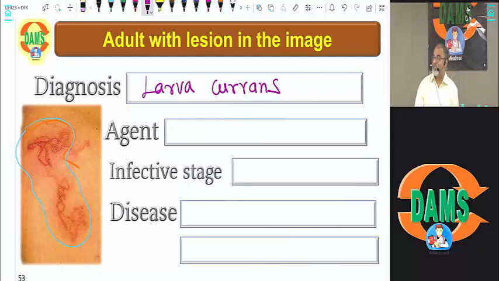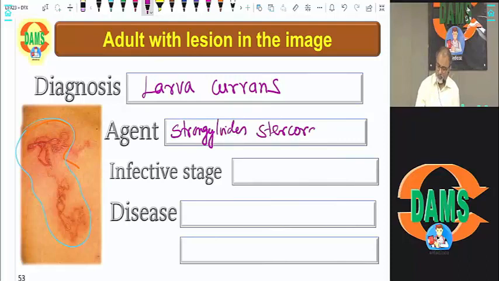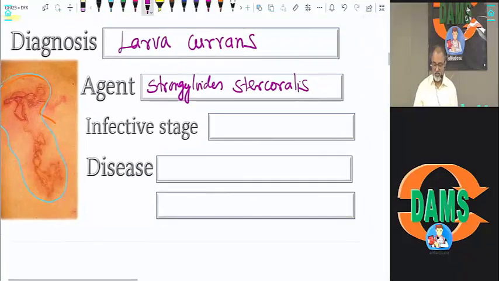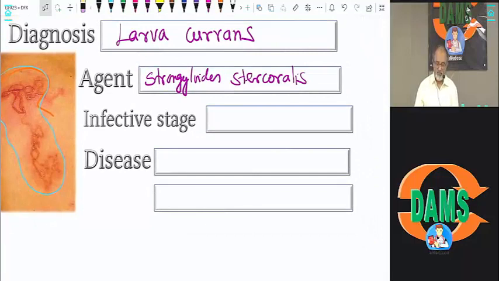Which agent causes larva currens? Strongyloides stercoralis.